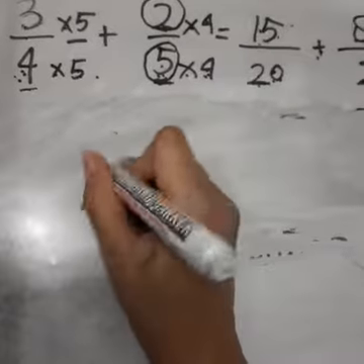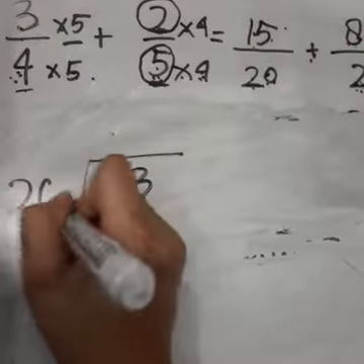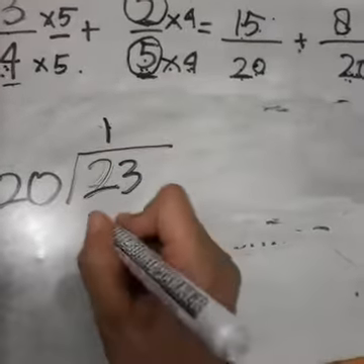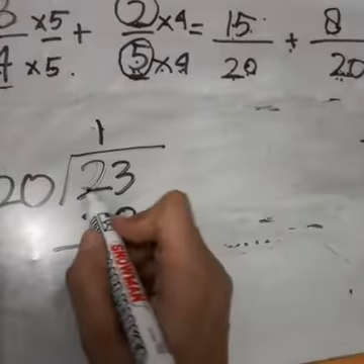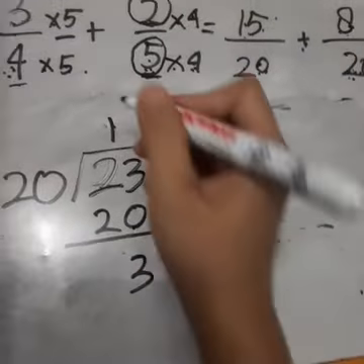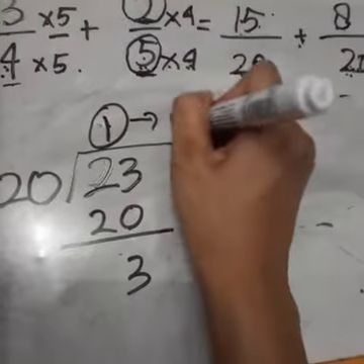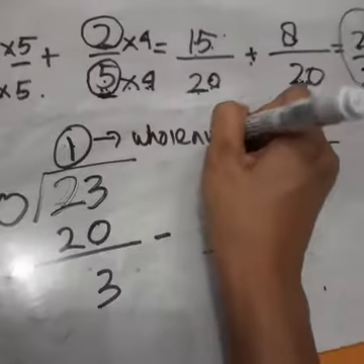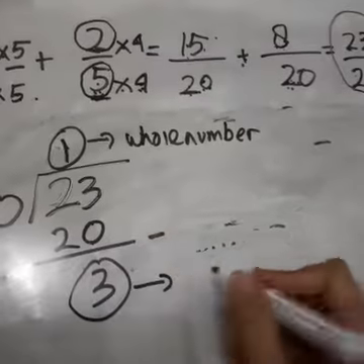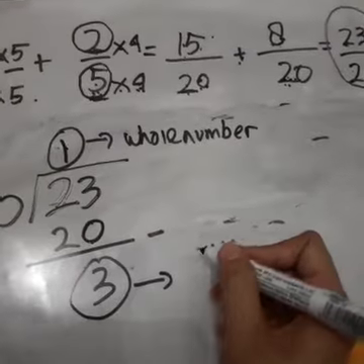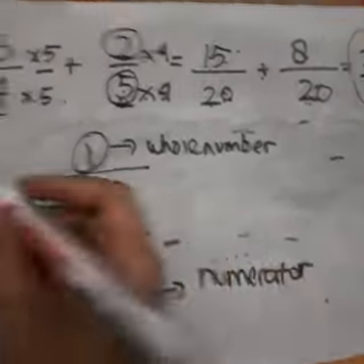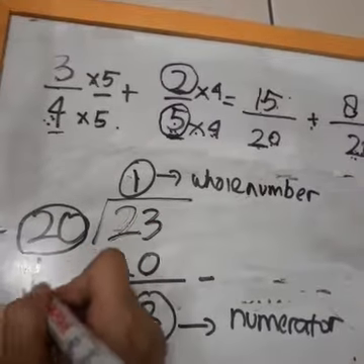We can write here 23 divided by 20 is 1. 1 times 20 is 20. So 23 minus 20 is 3. Number 1 here is the whole number. Number 3 here is the numerator, and number 20 here is the denominator.